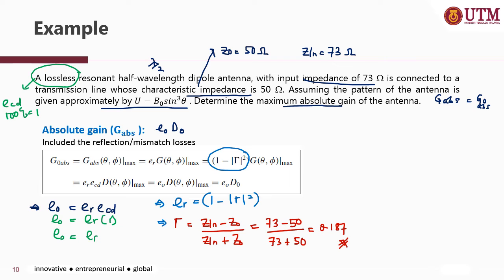Okay, so from here you can calculate the E naught, in which E naught equals ER in this case. So E naught equals 1 minus gamma squared.